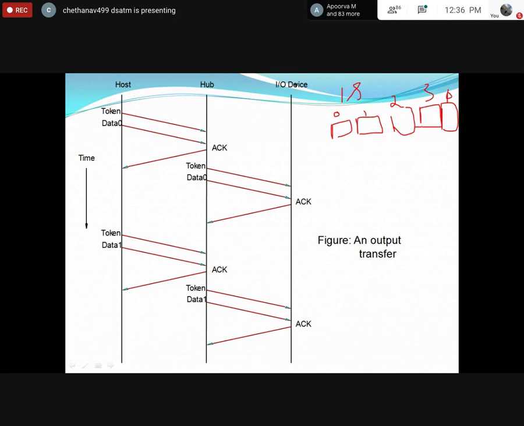Within 1 second, I'm able to send some 4 packets of data, some 5 packets of data: 0, 1, 2, 3, 4. So how many packets am I able to send? Per second, 5 packets sent. Then we'll consider this as one complete frame. One frame consisting of 5 packets.